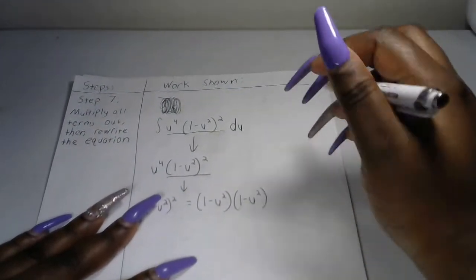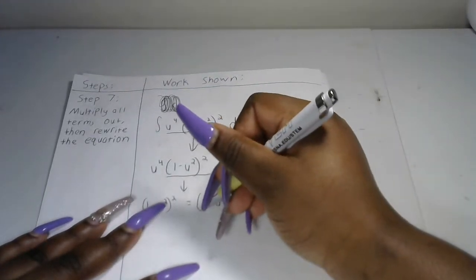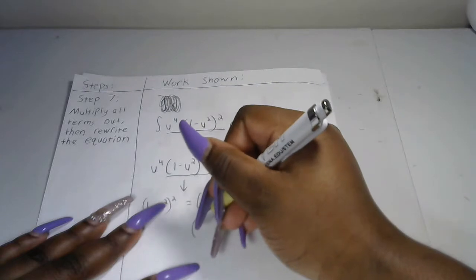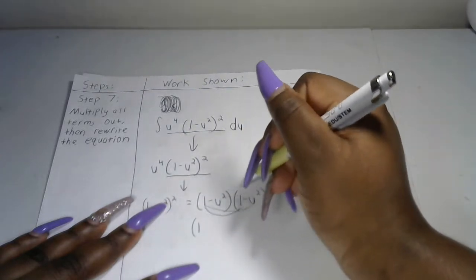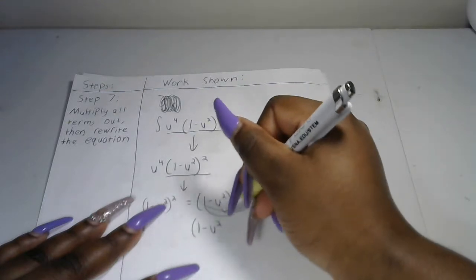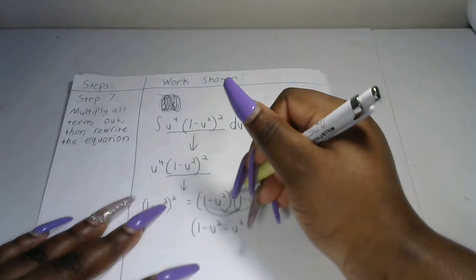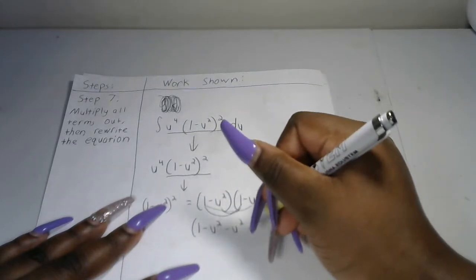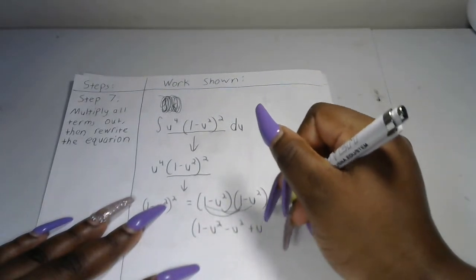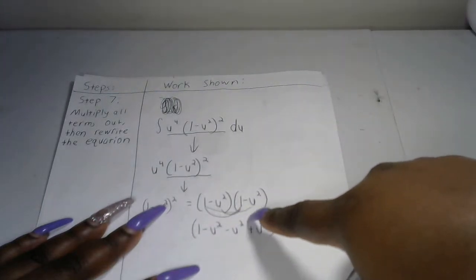So 1 times 1, that's 1. 1 times negative u squared, that's negative u squared. Negative u squared times 1 is negative u squared, and then negative u squared times negative u squared is positive u to the fourth. Now we can combine like terms here, negative u squared minus u squared.